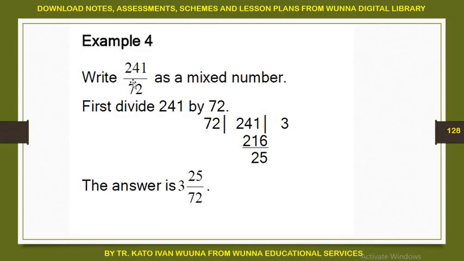In this case, that number is 216, which is obtained after multiplying 72 by 3.